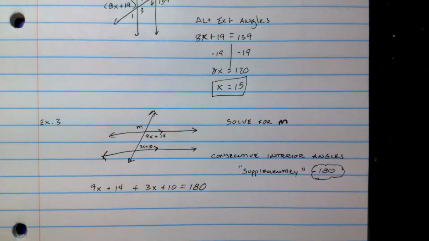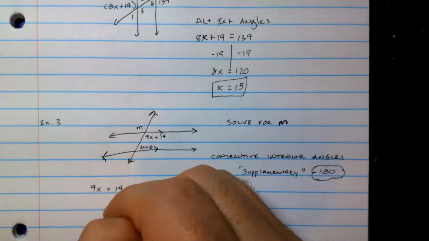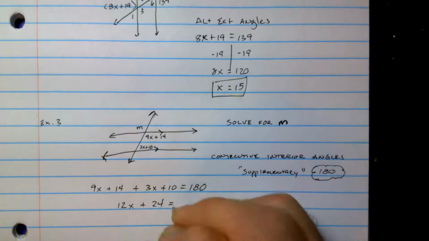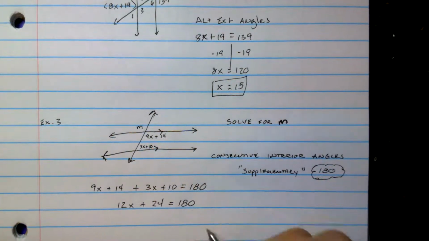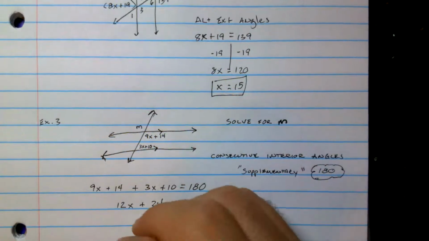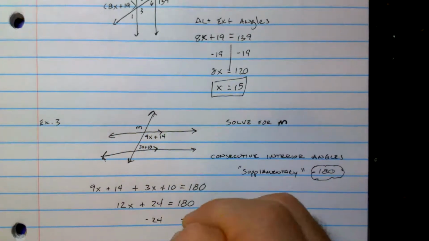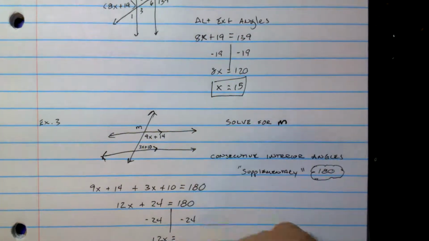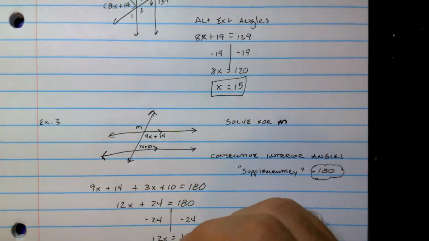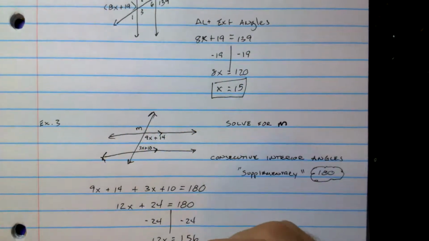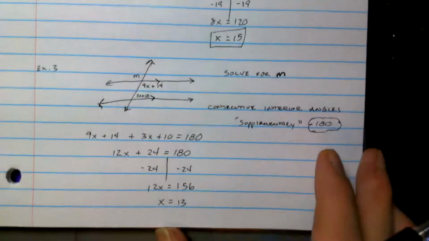Okay, and so knowing that, combine like terms, I've got 12x plus 24 equals 180. I'm going to subtract the 24 from both sides, leaving me with 12x equals 180 minus 24 is 156. Dividing that, I get x is 13. But they didn't ask me to solve for x.